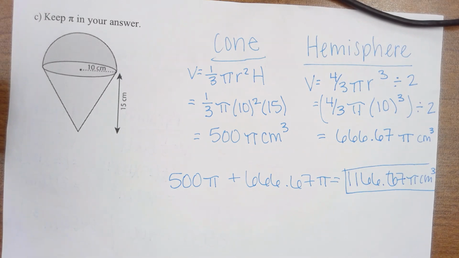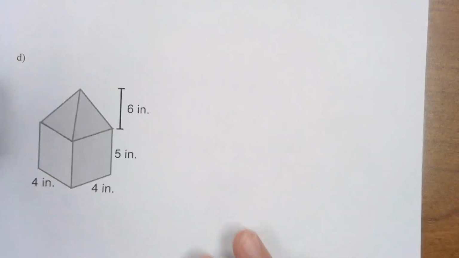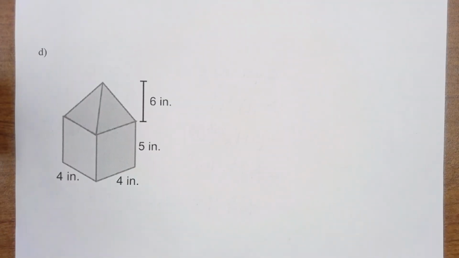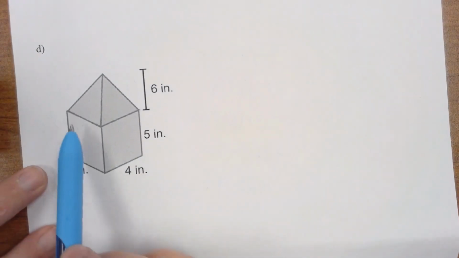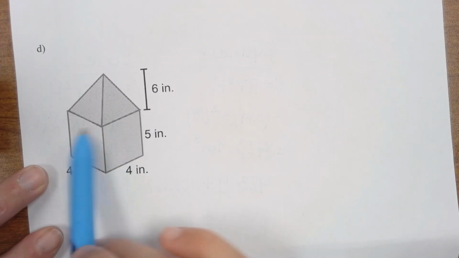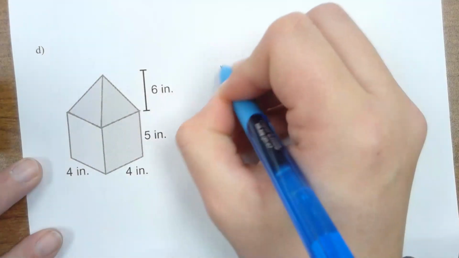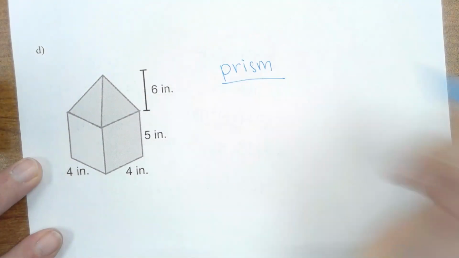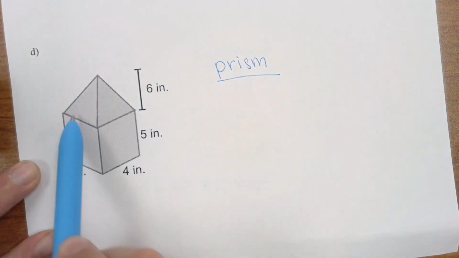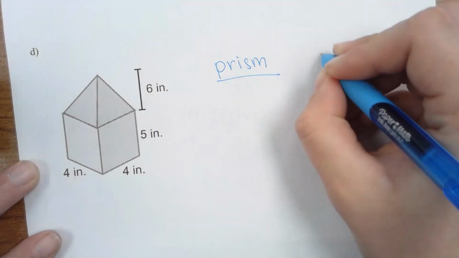All right, so let's try the last one here. Again, your first step is to identify the two figures that you have. I see that I have a rectangular prism here, and then it looks like I have a square pyramid on top here.